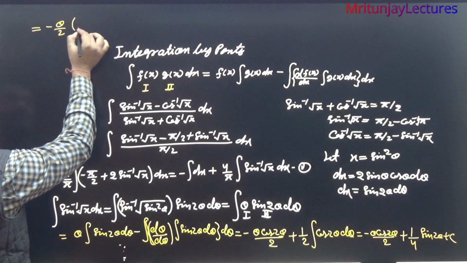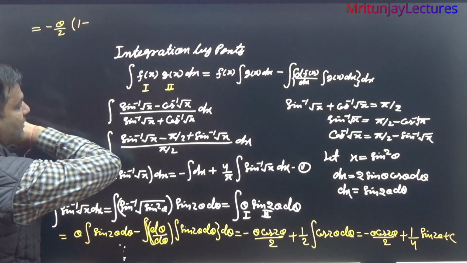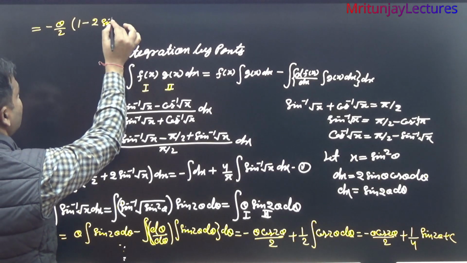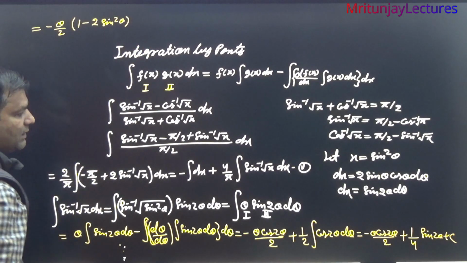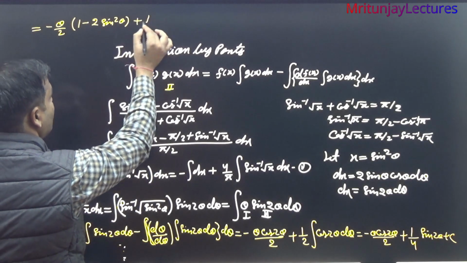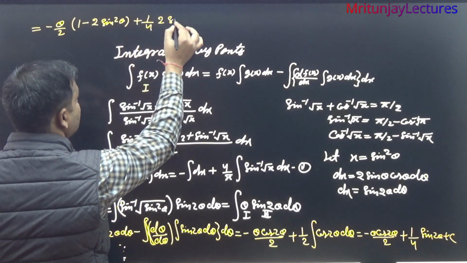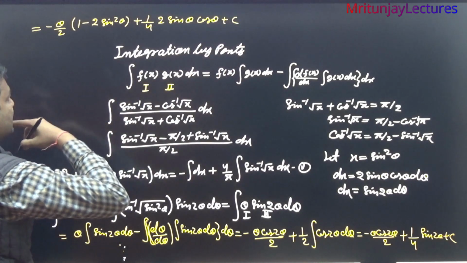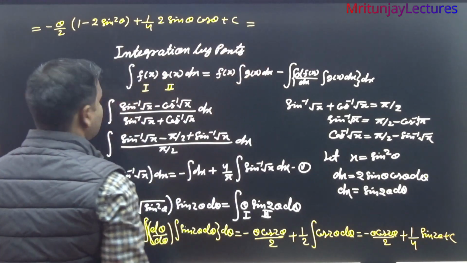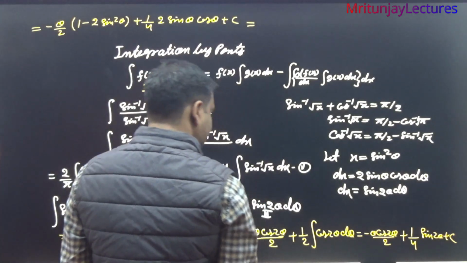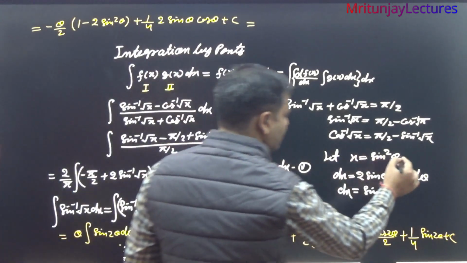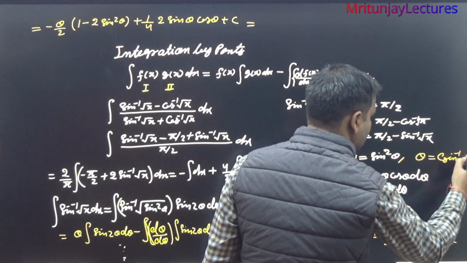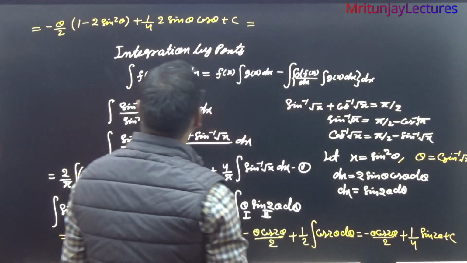That is how much? 1 minus 2 sin square theta, plus 1 by 4 into 2 sin theta into cos theta, plus c. After that, what about theta? Theta is basically sin inverse root x.